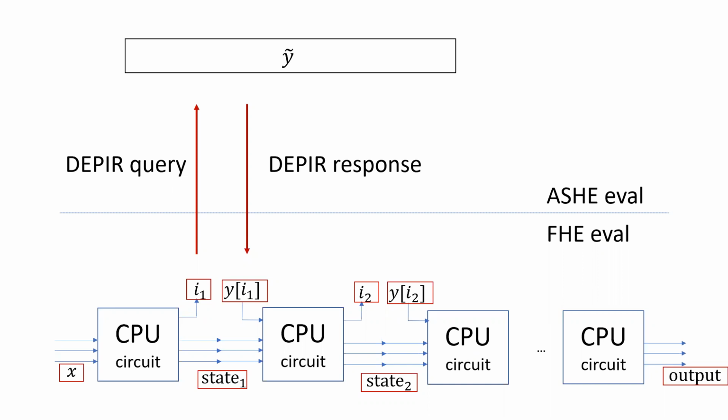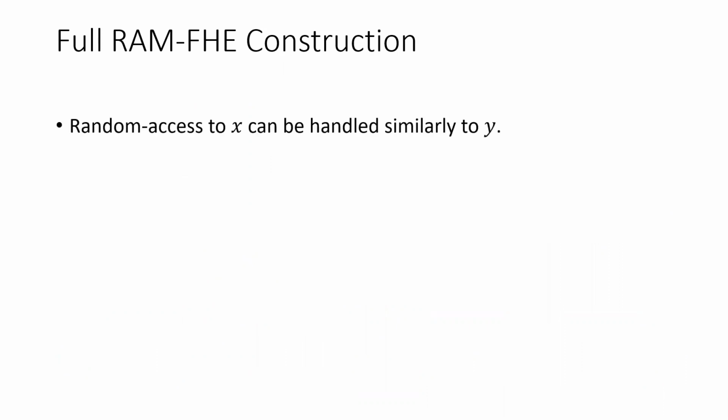Okay, so I continue on a super high level construction of our full FHE with random access to encrypted input X. That's a large private input encrypted by the user.